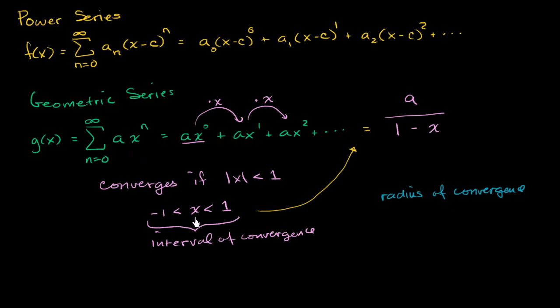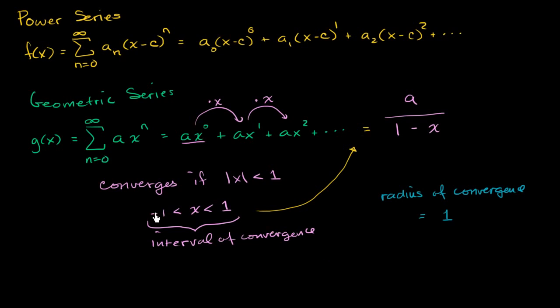As long as x stays within 1 of 0, so it can't go all the way to 1, but as long as it stays less than 1, or greater than -1, so it can stray anything less than 1 away from 0, either in the positive direction or the negative direction, then this thing will still converge. So we could say that our radius of convergence is equal to 1.